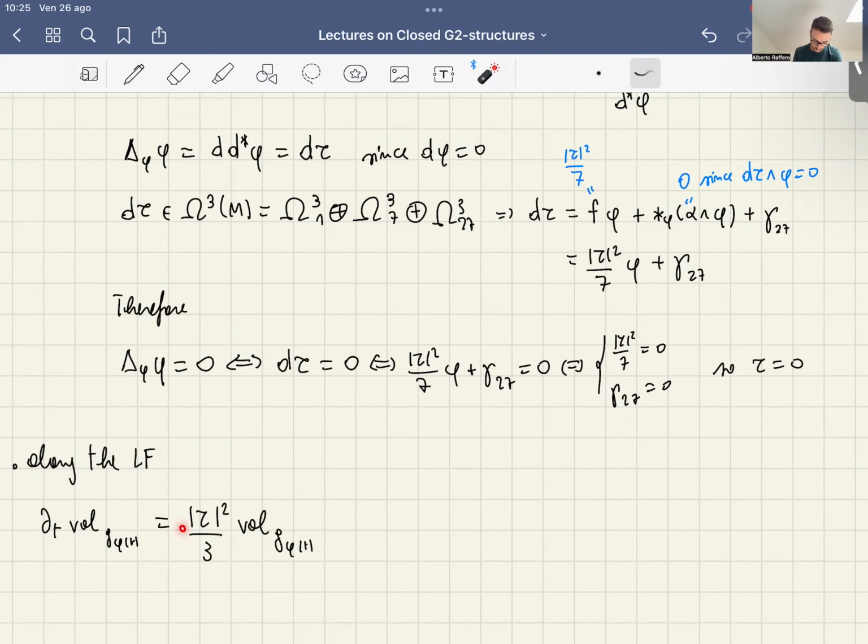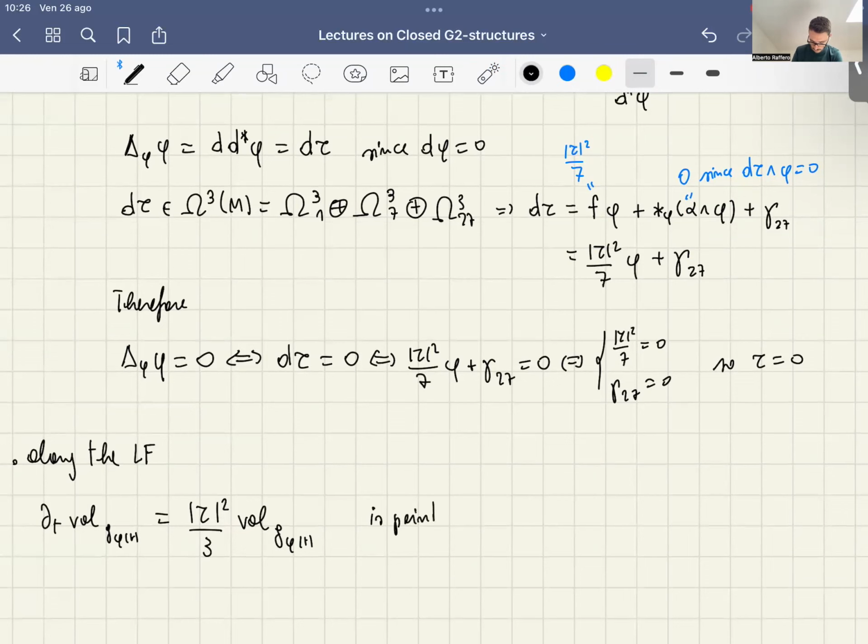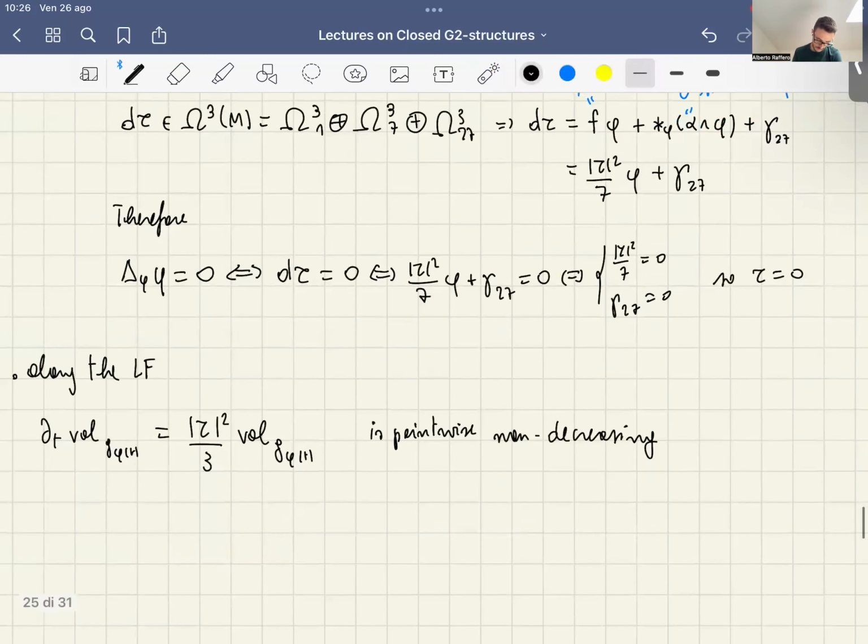Here, of course, recall that every quantity we will write in these equations will depend on the time. So this tau will be actually the intrinsic torsion form of the G2 structure phi t, and the norm will be taken with respect to the metric g of phi t. So in particular, as you can see, this tells you that the volume form is pointwise non-decreasing along the flow, since this quantity is positive, or at least it's non-negative.